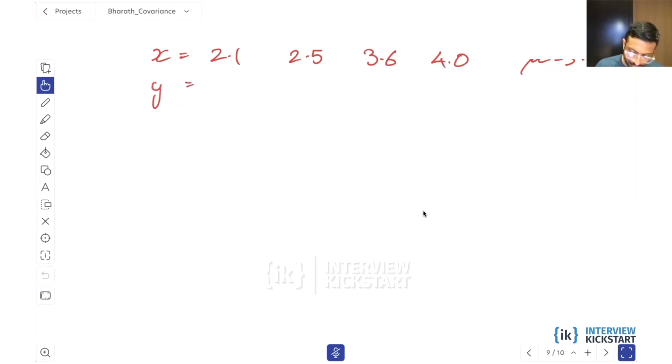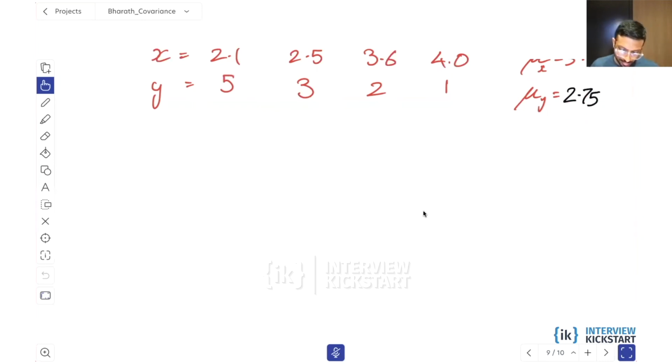And for y, now let's take 5, 3, 2, and 1. So what is the mean in this case? The mean would be 5 plus 3 is 8, plus 2 is 10, plus 1 is 11, divided by 4, which would be 2.75.